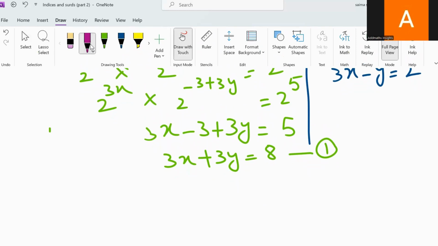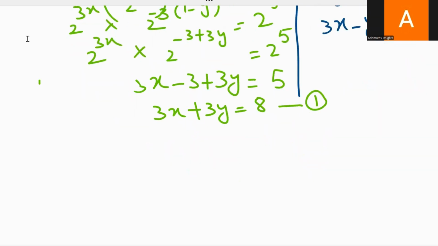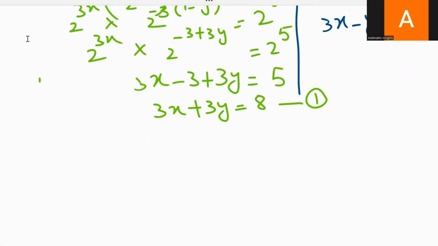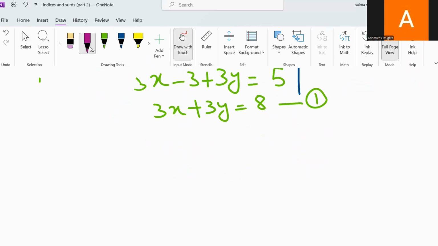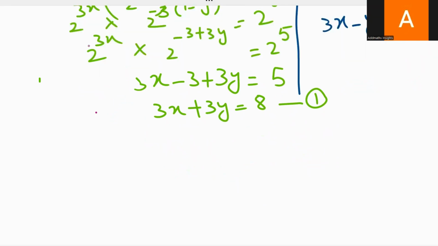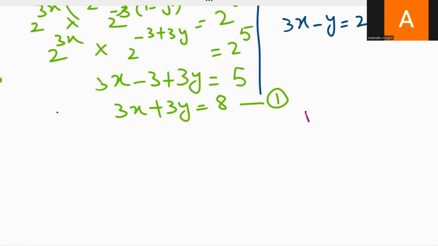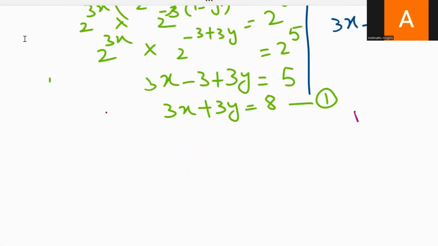You will write here 3x minus y is, second equation was 3x minus y is 2, right?